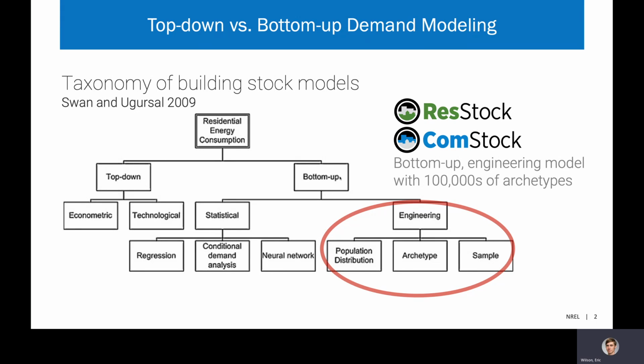The tools I'm going to be talking about today, ResStock and ComStock, which have been developed by NREL for the US Department of Energy, fall on the bottom-up engineering model side and incorporate aspects of the population distribution, archetype, and sample model types that were categorized by Swan and Ugursal.